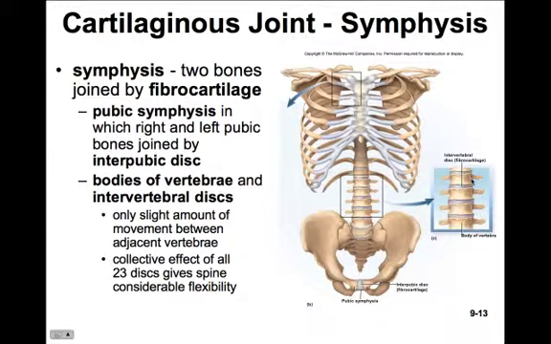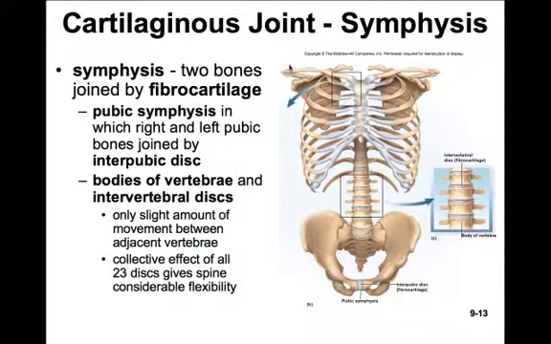These discs only allow a slight amount of movement between the adjacent vertebrae, as the interpubic disc only allows a little bit of movement in the hip joint. In fact, as a woman comes towards term in delivering a baby, this joint will loosen even more to allow more movement in the pelvis and passage of the fetus.